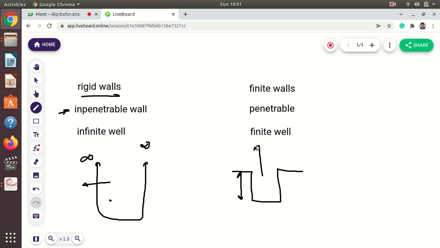The vertical axis is potential energy, which we denote as U or V, and the horizontal axis we denote by X, or R, but we are talking about one dimension, so it is easier to use X. Now in your book only one problem is given, the symmetric type of problem, for both the infinite and finite cases. But I will tell you both cases because in the NET exam they might ask in a different way, so you should know each case.